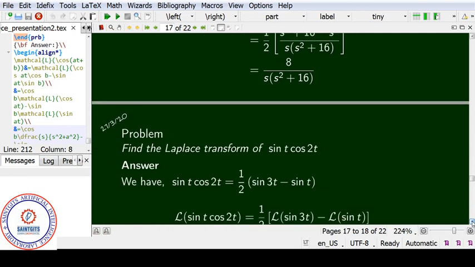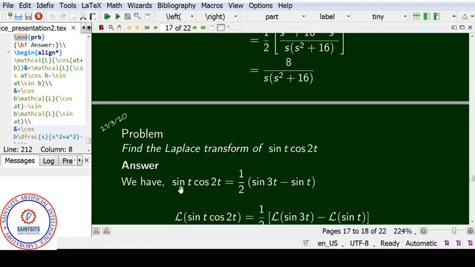Another problem is find Laplace transform of sin t into cos 2t. Again the same scenario. Sin t into cos 2t is a product. If you use sin t into cos 2t in the original definition of Laplace transform, it is simply integration of a product with three terms. Instead of that, I convert sin t into cos 2t as a sum using our sum formula.